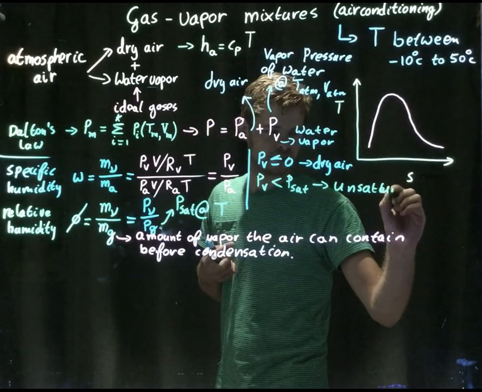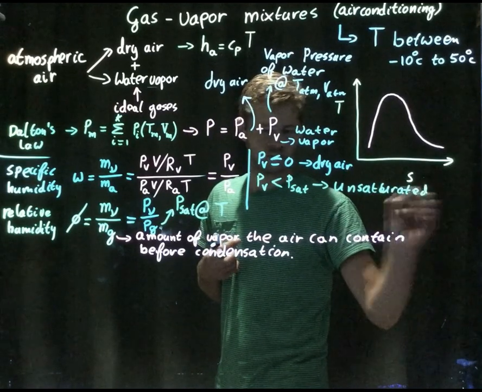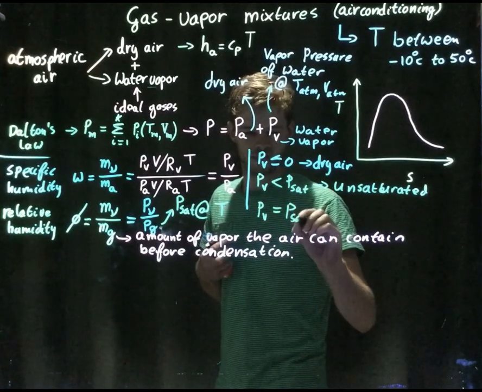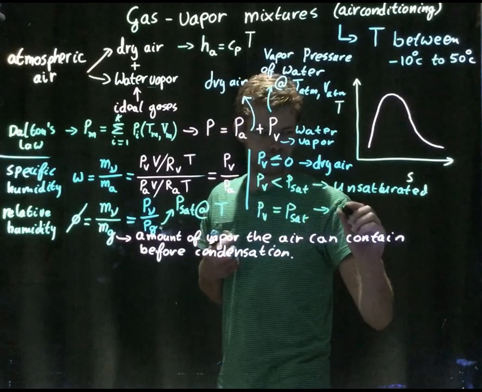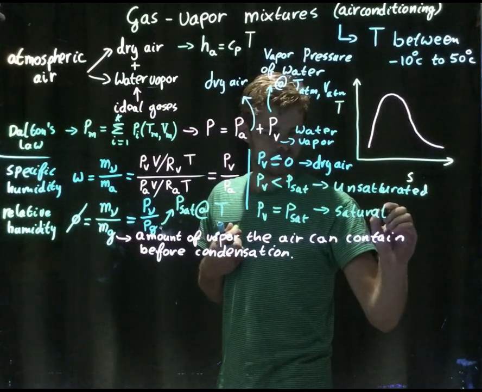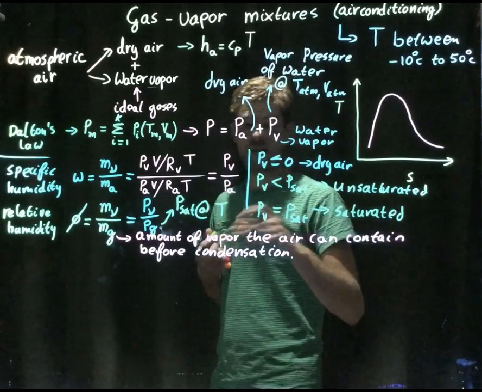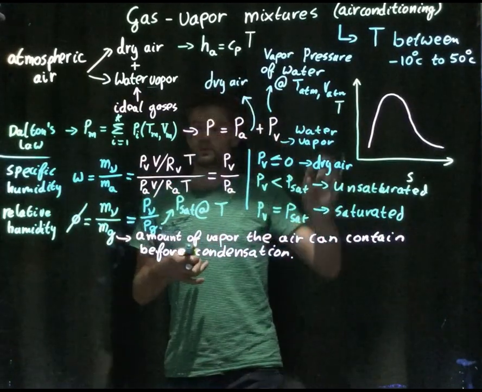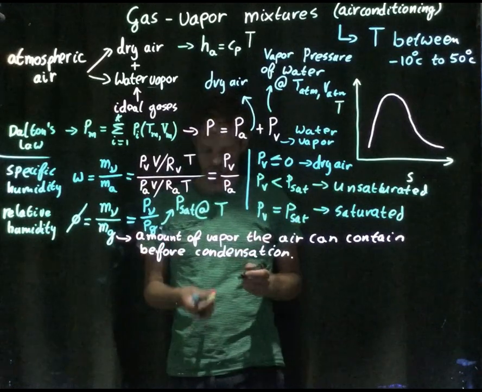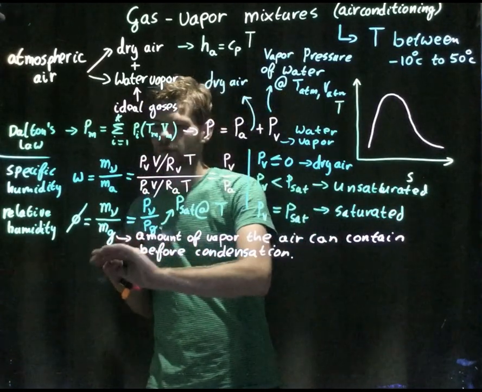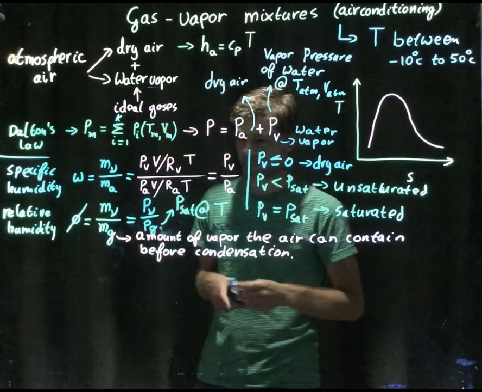And if PV is equal to Psat, we know that the whole thing is saturated, and if I add more liquid to the room, for instance, somewhere it will start to condense. Okay, now we have discussed the relative humidity and specific humidity.